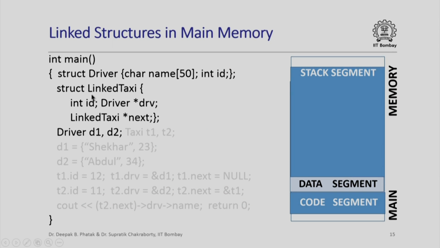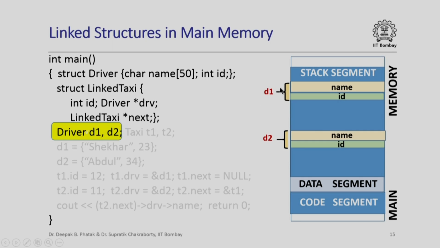So now that we know how the linked taxi structure might look, let us see how we are going to represent linked structures in main memory for a simple program that we are going to show here. Here we have the structure driver we have seen before, the structure linked taxi that we have seen before, and these two variables D1 and D2. Space for these will be allocated in the stack segment since they are local variables of main, and as before the space for each variable will have space for each of its members.